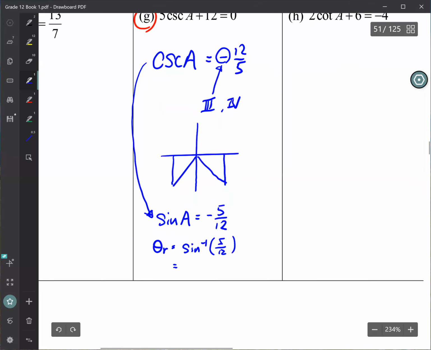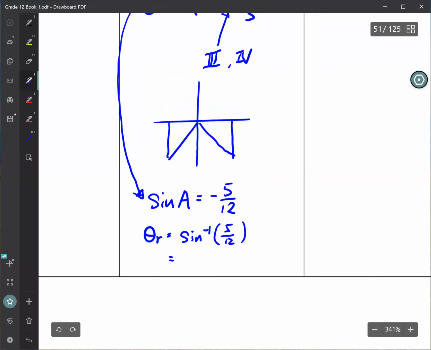Well, the symbol here, hold on. Degree and radian, those are for angles, right? Now this number that they give you, is this an angle?